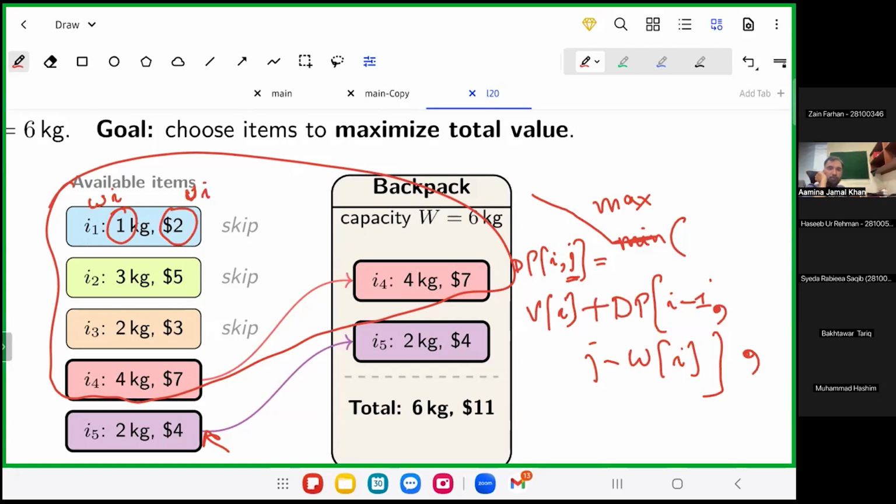Okay. Cool. Does anyone want to venture a guess for the case where I decide that I'm not going to pick the ith item? If I decide that the ith item is not going to be picked, what's going to be my solution?